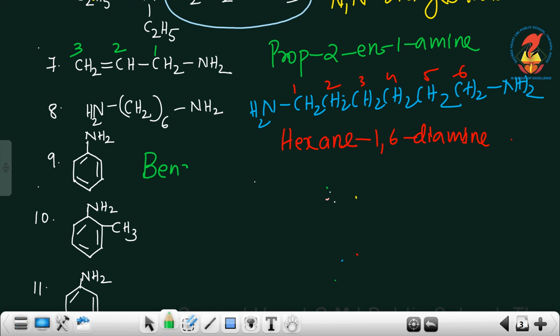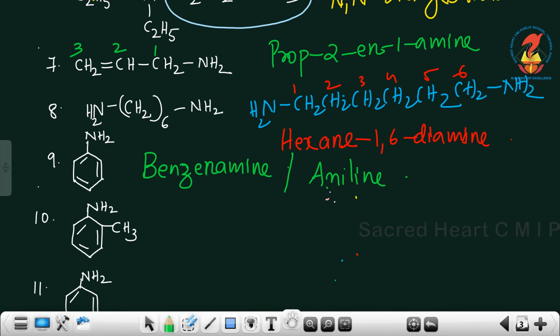So here the ring is benzene, amine, so it is benzenamine, or the common name is aniline. The name aniline is accepted by the IUPAC system also, so in IUPAC we will also be using the name aniline. So the IUPAC name of this compound is benzenamine or aniline.